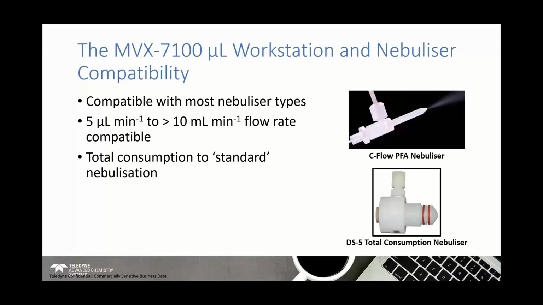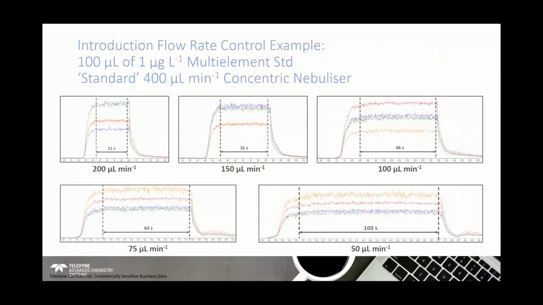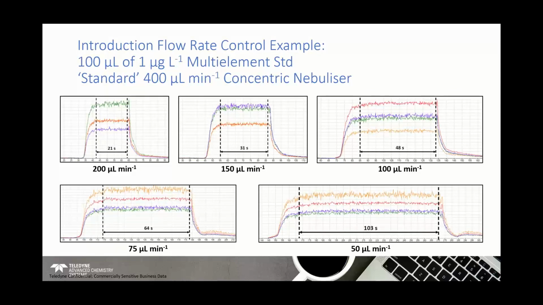What I wanted to finish this part of the presentation on was to give you an idea of what that actually means in terms of sample. We have control of flow rate. What does that do for us? Just as a quick example, what you're looking at here is some sample introduction profiles for a run-of-the-mill 1 part per billion multi-element standard.